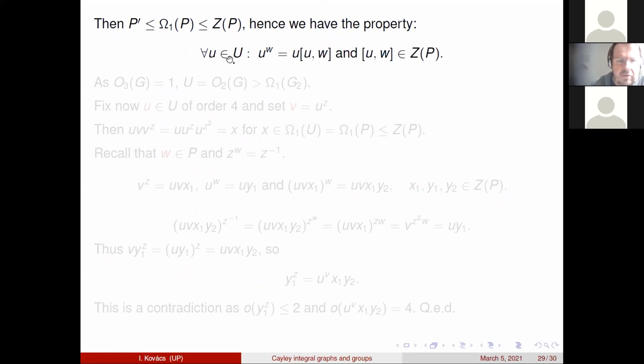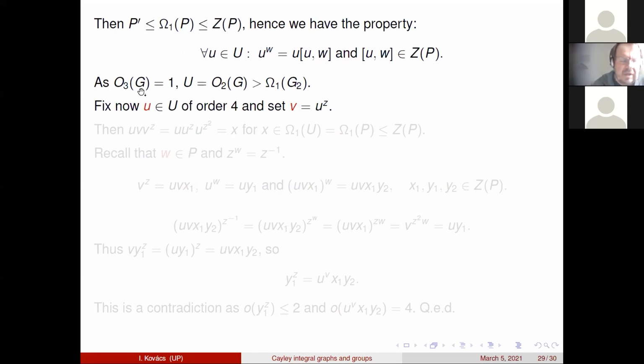For any U in U, if you write a conjugate, the result can always be written as U times an involution from the center. Because this is a commutator, and because of this condition, this must be in the center, and this must be an involution or maybe the identity. So for any U in U, conjugating by V, the result is always U times an element of order at most 2 from the center.